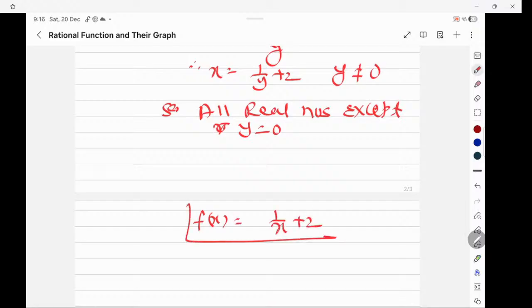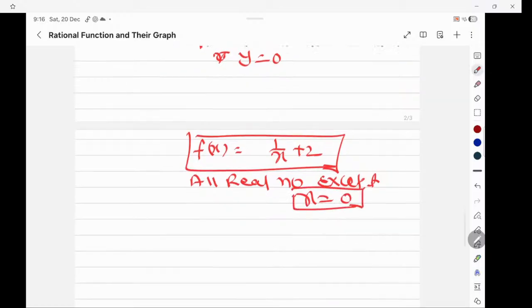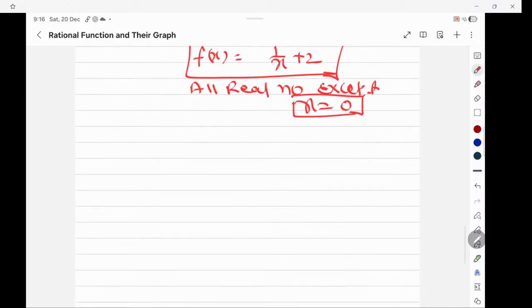That is also part of this given function. So the set of all real numbers except x equals 0. This is also an example of a rational function.